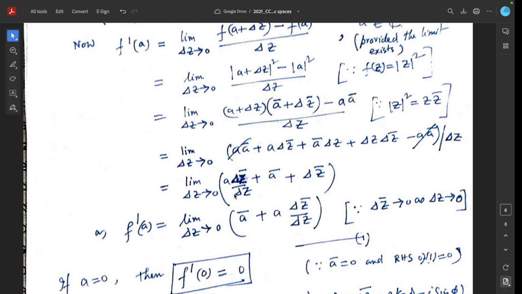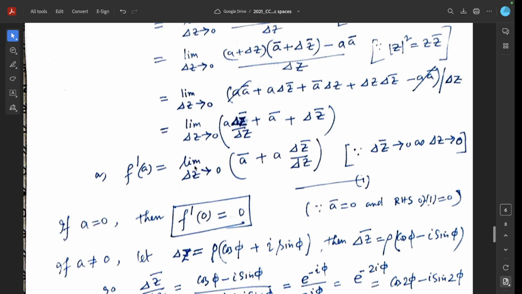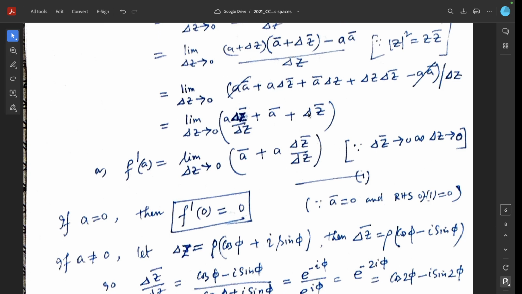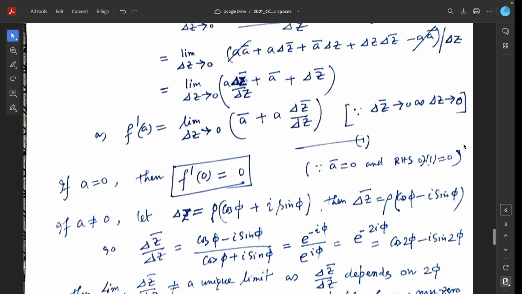So we get a delta z bar by delta z plus a bar plus delta z bar, because delta z is not equal to 0 as it tends to 0, so we can divide by delta z. So f dash(z) equals the limit as delta z tends to 0 of a bar plus delta z bar plus a delta z bar by delta z, because delta z bar tends to 0 as delta z tends to 0.